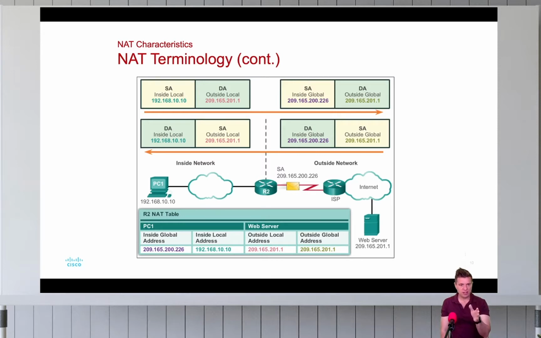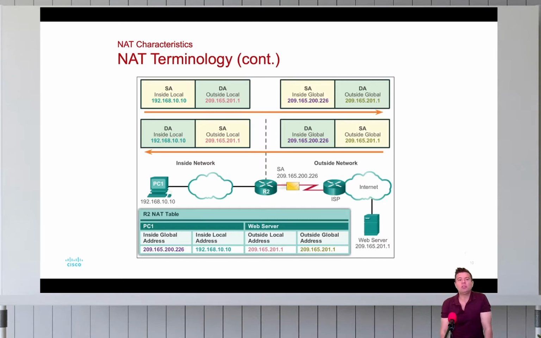Secondly, our inside global, remember global refers to public IP addresses, is the IP address of the outside interface of R2. In other words, the interface that connects to the ISP, the last point of our organization.